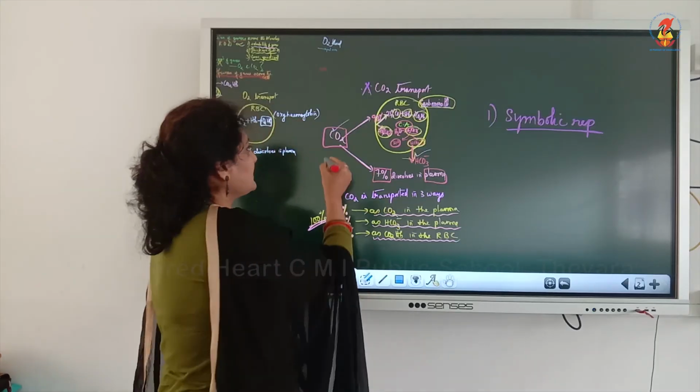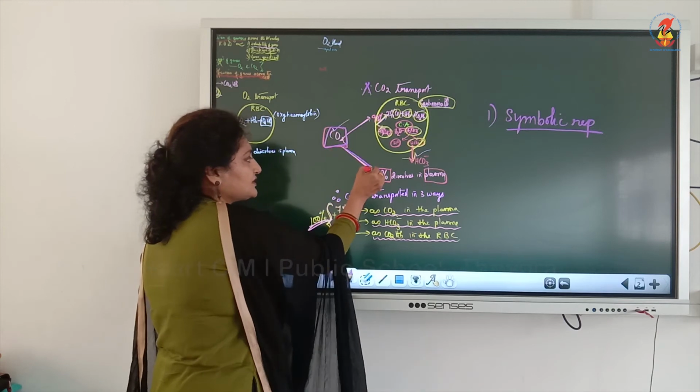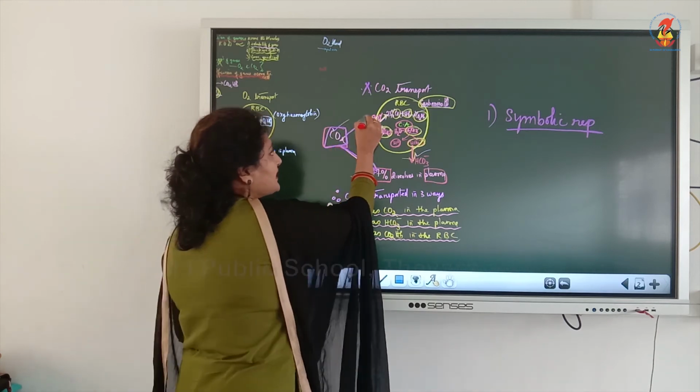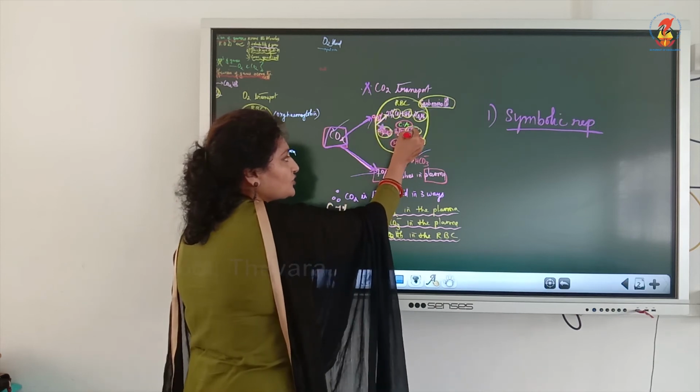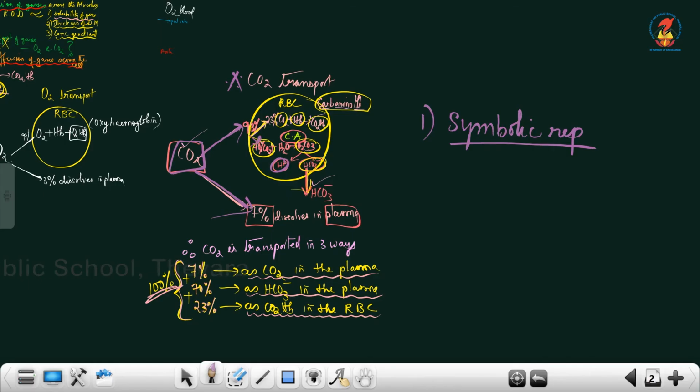So, you are explaining like how I explained: carbon dioxide, 7% dissolves in plasma, and the remaining 93% gets into the RBC, of which 70% combines with water to form carbonic acid, then that dissociates to form hydrogen and bicarbonate. Bicarbonate gets transported into the plasma. Then the remaining 23% combines with hemoglobin to form carbaminohemoglobin.